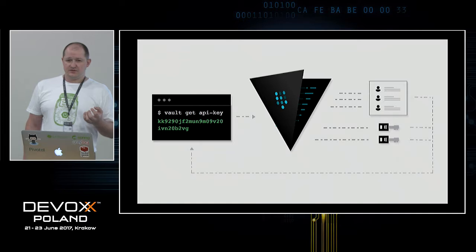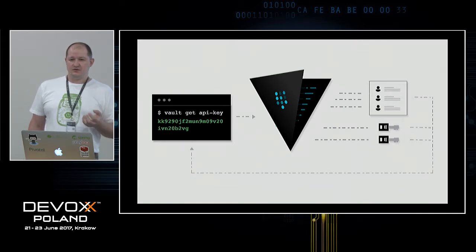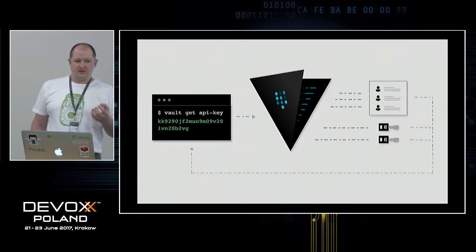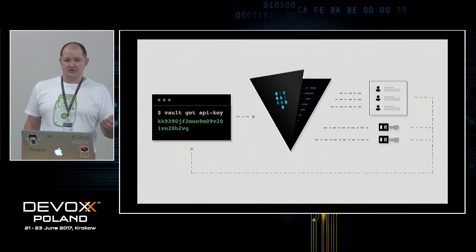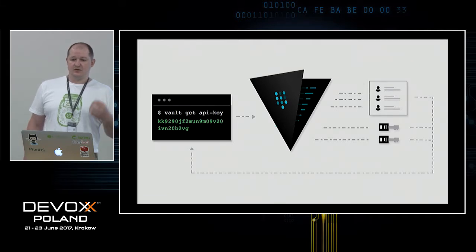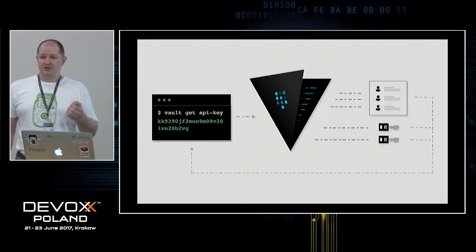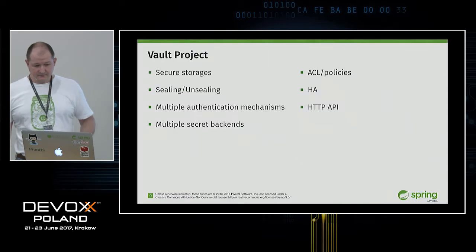It's a network service which exposes an API, and you can use that API from your application, from your provisioning systems, and what have you, to securely access secrets stored inside of Vault and retrieve these secrets with authentication, with audit logging, and all that stuff that really matters when you treat security seriously.